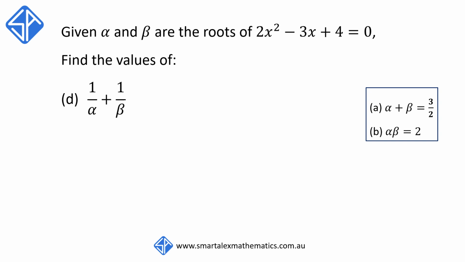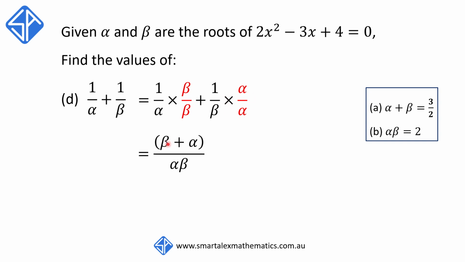In our next section, we now want to evaluate 1 on alpha plus 1 on beta. To begin with, we're going to convert both of these fractions into fractions with a common denominator. So the common denominator is going to be alpha beta. So we're going to multiply the first fraction, 1 over alpha, by beta on beta, and the second fraction, 1 over beta, by alpha over alpha.